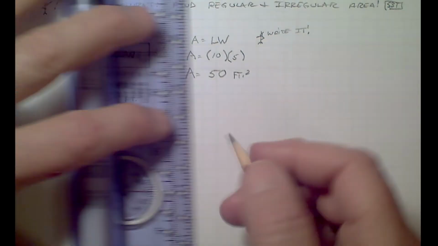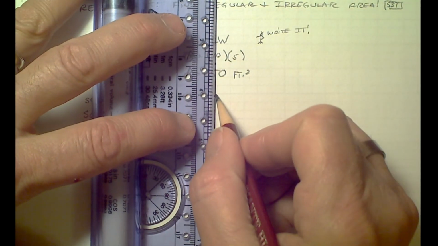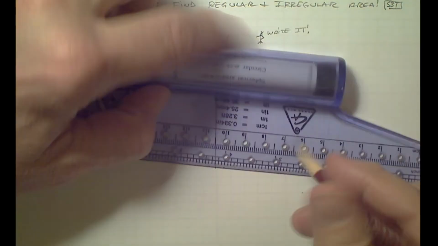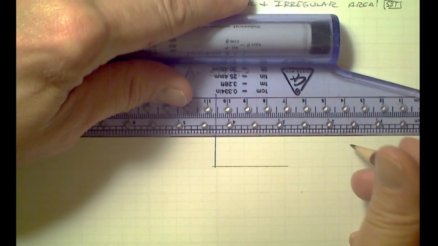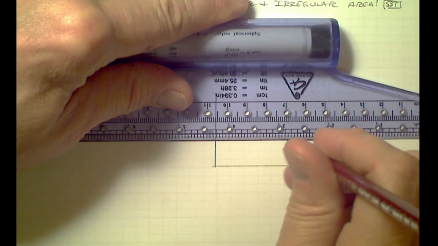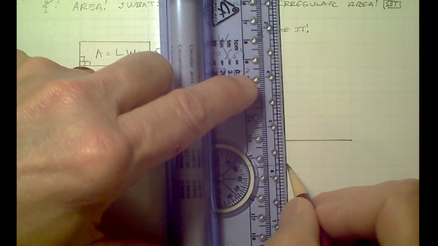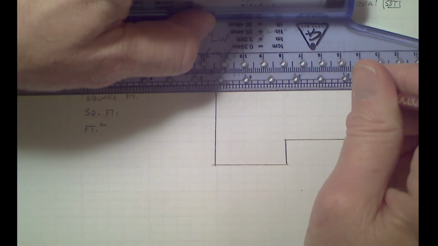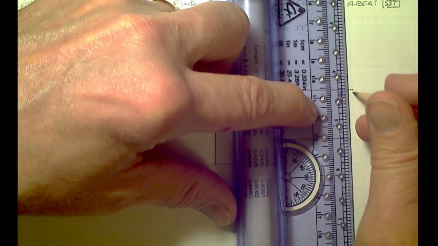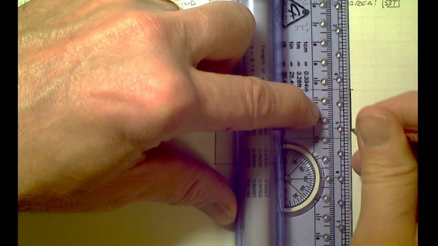But what about something like this? Let me make up a problem right now. I'm remembering the shape of our high school right now. There we go, yeah. The old 200 building is shaped just about like this.